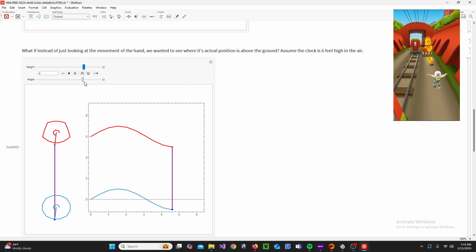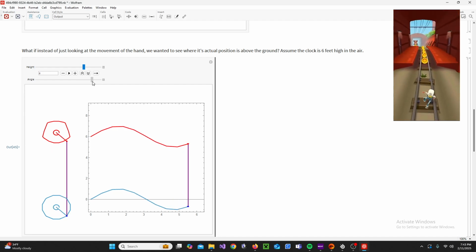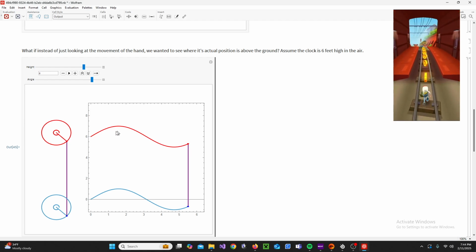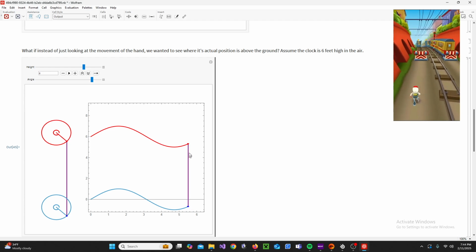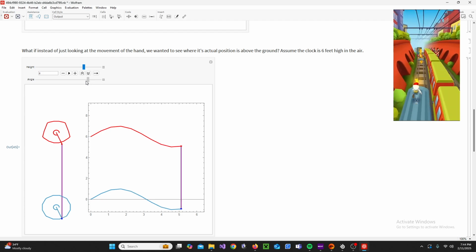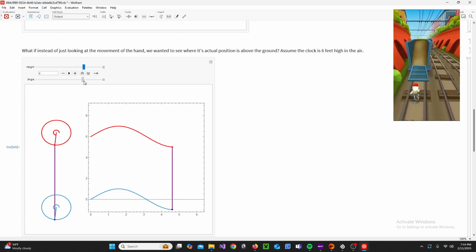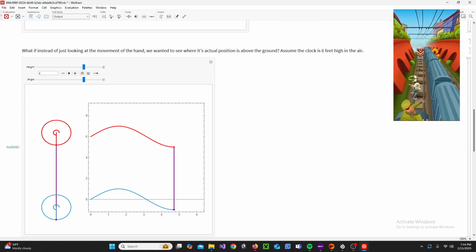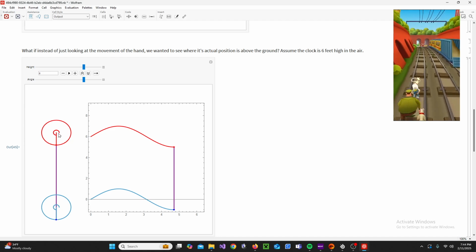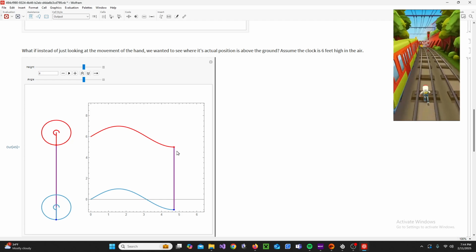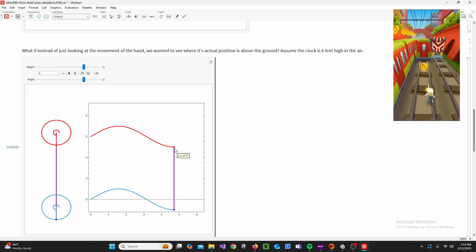So as I increase my angle, my actual height is just 6 feet above where we were tracking it before. At this time, when that minute hand is all the way down, the center of the clock is 6 feet above the ground, but how far is the bottom of the clock from the ground?